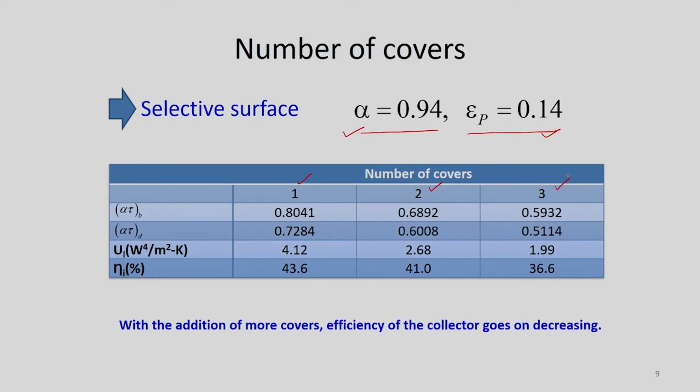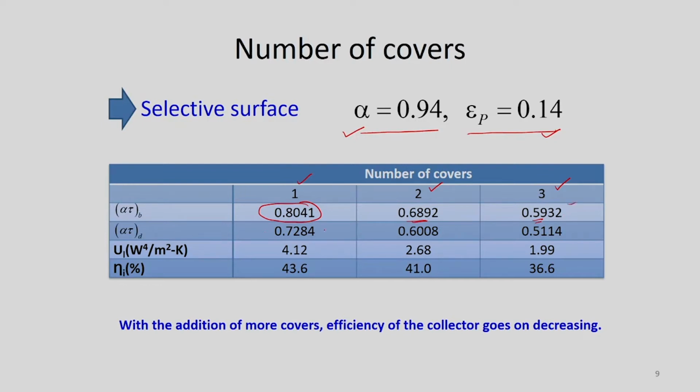As we can see, the transmissivity-absorptivity product for beam radiation is decreasing with an increase in the number of covers. Here, in the case of the single cover system it is 0.8041, then in the two cover system it is 0.6892, and here you can see 0.5932 for the three cover system.